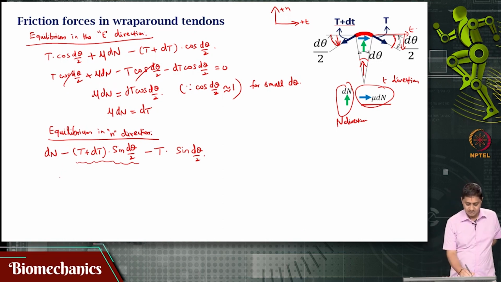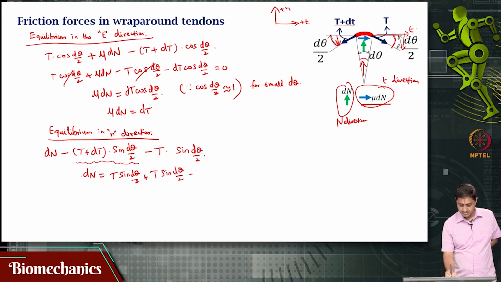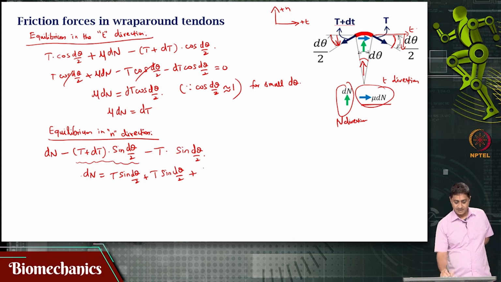Taking the t and dt sin d theta by 2 terms to the right side, I have dn is equal to t sin d theta by 2 plus t sin d theta by 2 plus dt sin d theta by 2.